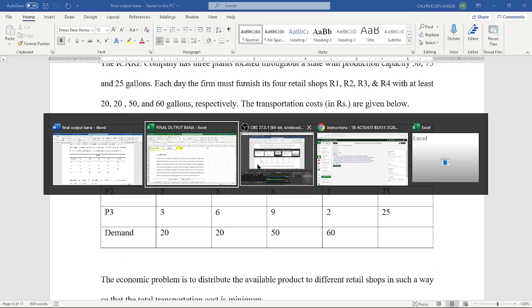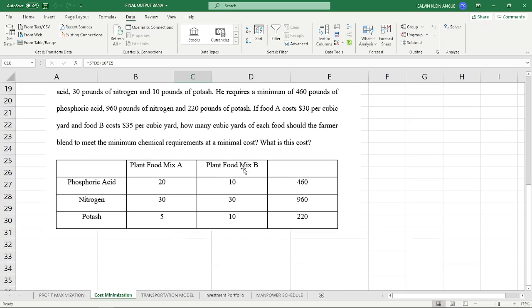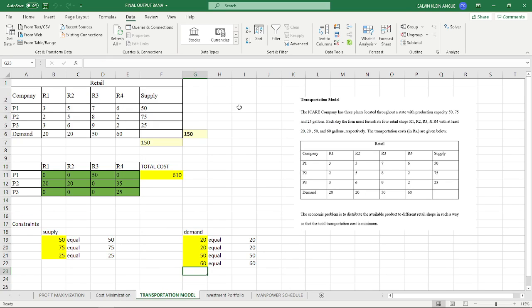So let's solve it in Excel Solver, the transportation model. So we need to put our formula here. The formula for our total cost is this part.